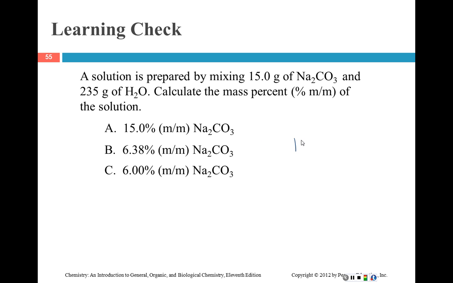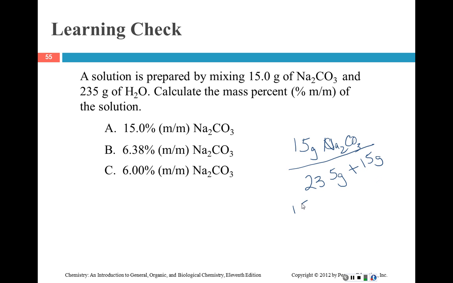So we've got 15 grams of the sodium carbonate, and so we're going to divide it by 235 grams of water plus the 15 grams of the sodium carbonate that we put in there, because we just mixed them together.